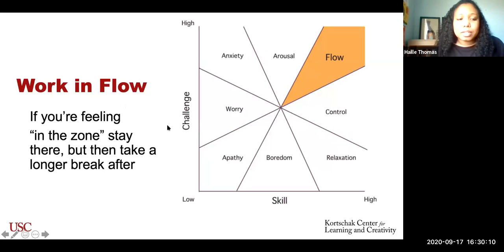So flow is a little bit different. Flow is when you're in the zone: you're reading, you're in the zone, you're writing, you're in the zone. So you're just going to stay in that zone. You keep working until you hit that wall, and you kind of time yourself. Let's say right now it's 4:30 and I start working and I'm in the zone.